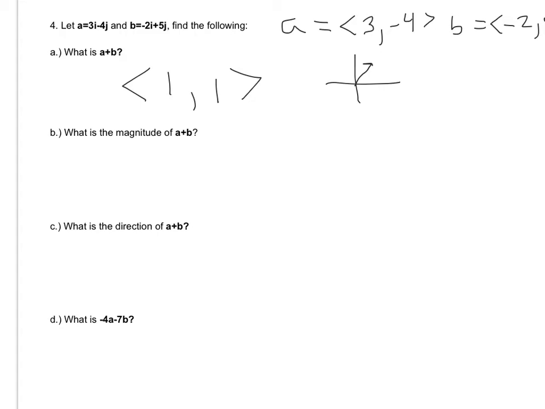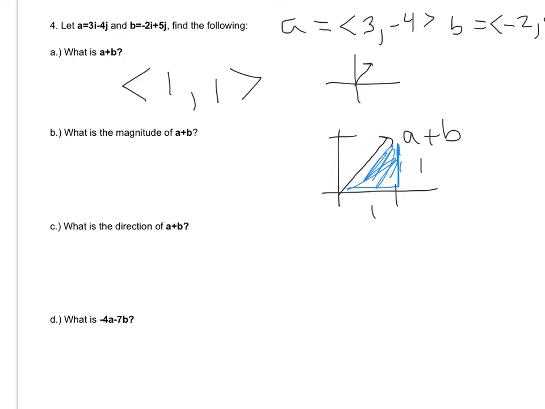It says, what is the magnitude of A plus B? Let's draw this a little bigger. So we have 1 here, and this is our vector A plus B. When we say the magnitude, we basically want to know how long is that vector. So you can make this triangle. If you make this blue triangle here, you know one side of this triangle is 1 and the other side is 1.